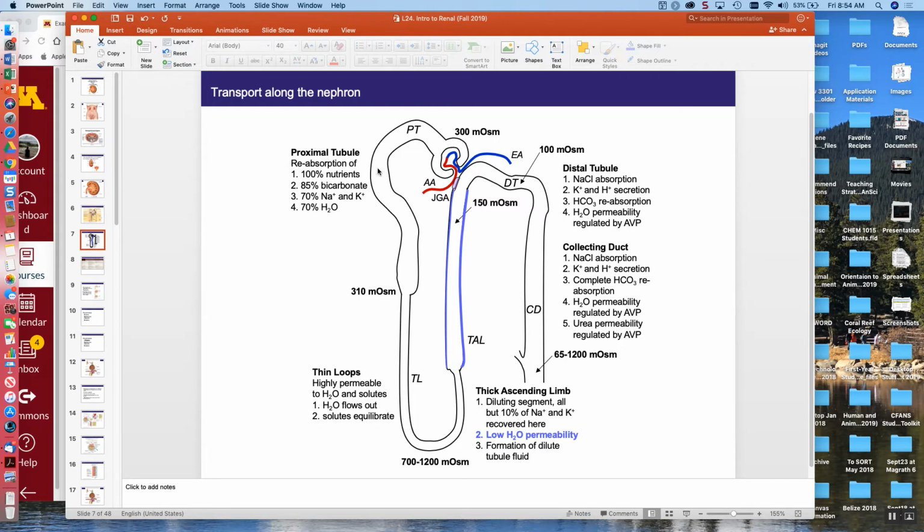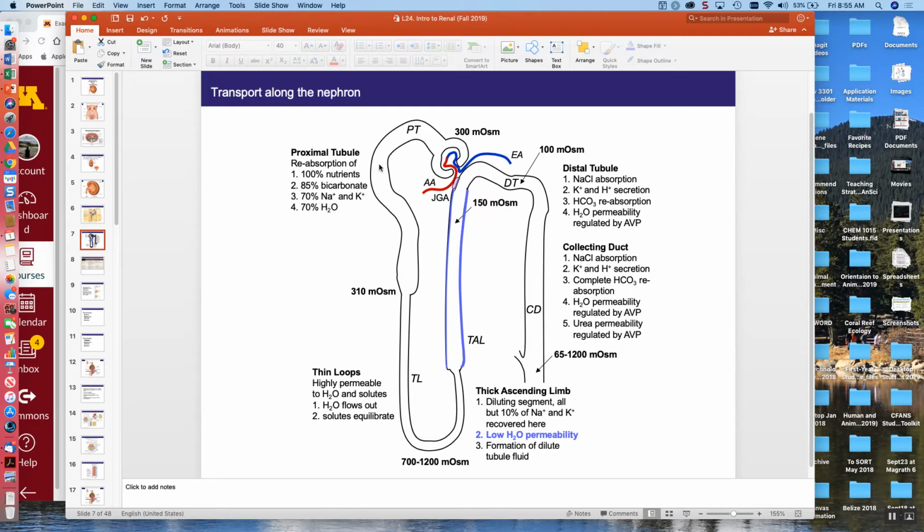Bicarbonate is being pulled out of the nephron and brought back into your blood. 70% of sodium and potassium are also being recovered, and 70% of water. So all of these things are being pulled out of the nephron and delivered back into your blood. So the proximal tubule is all about reabsorption.